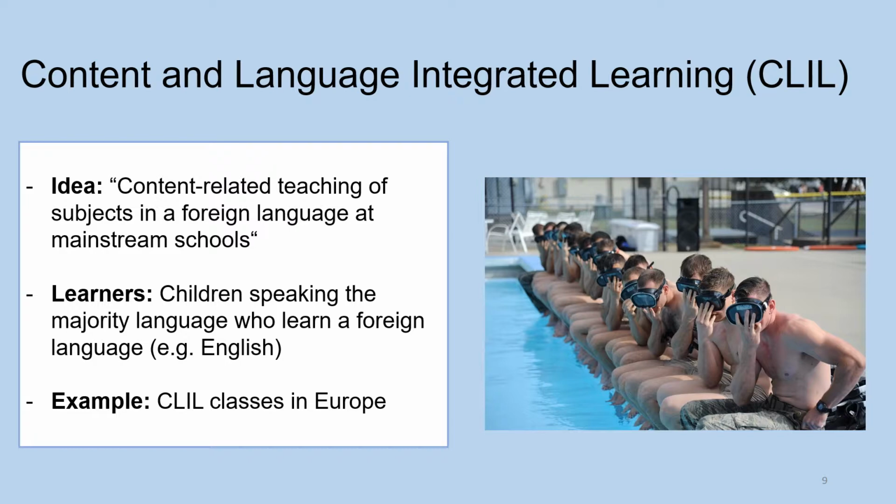Typically, children speak the majority language and learn a foreign language. Quite often this is English, but it can also be a different language that is considered important, for example, in border regions. Both CLIL and immersion will be dealt with in a more detailed way in Module 5.2 because of their effectiveness and popularity.